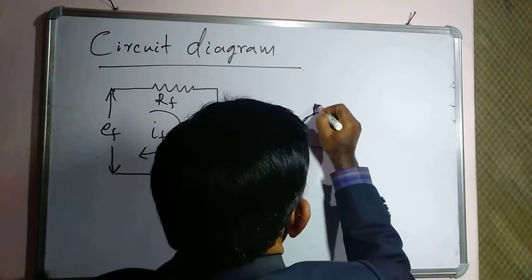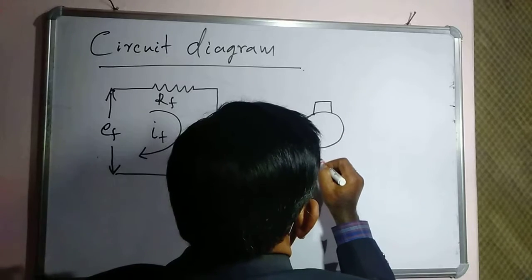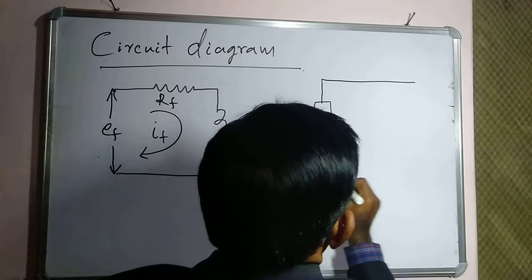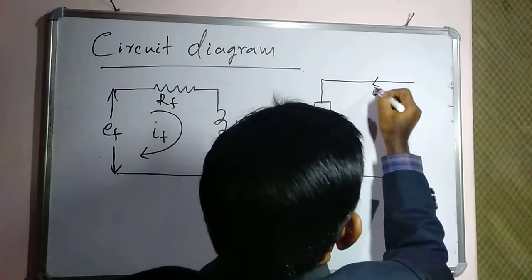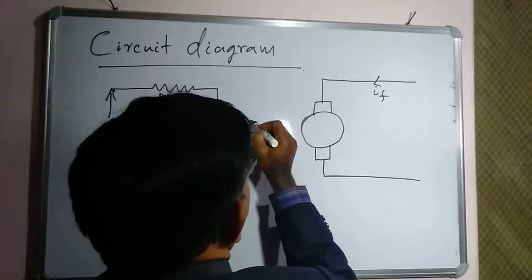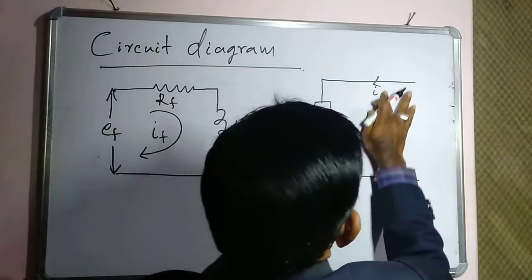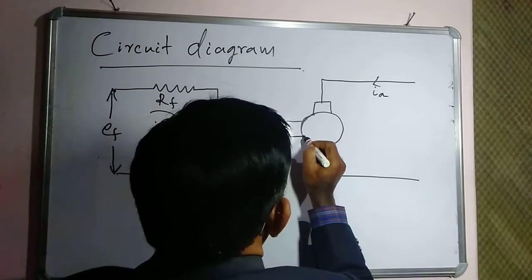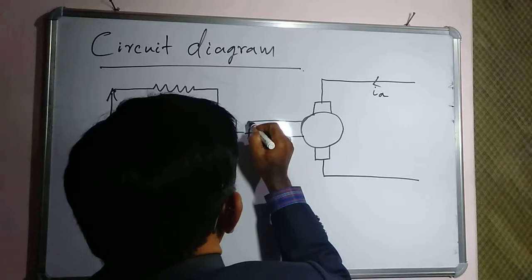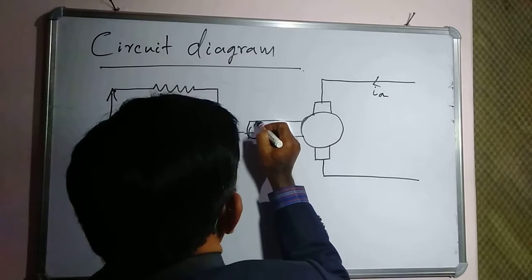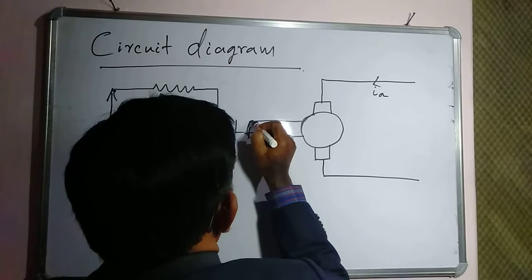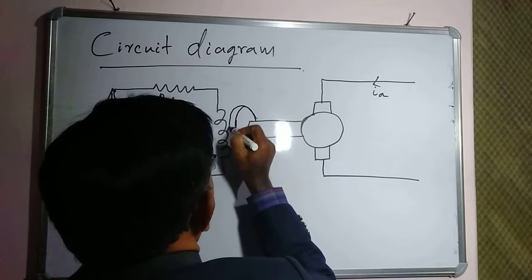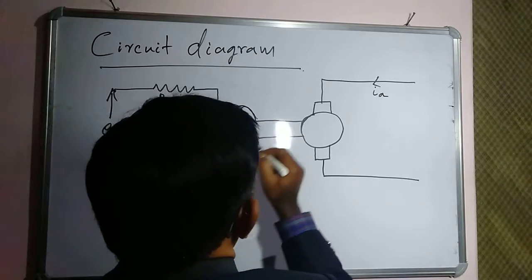So this is the motor, this is armature current Ia, and this is the shaft. So let us assume that this is connected to a load.